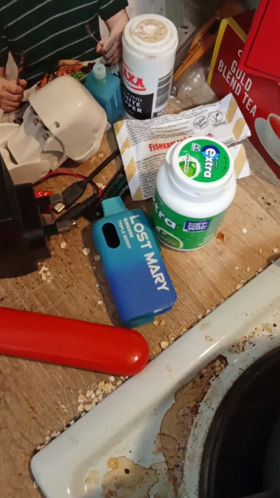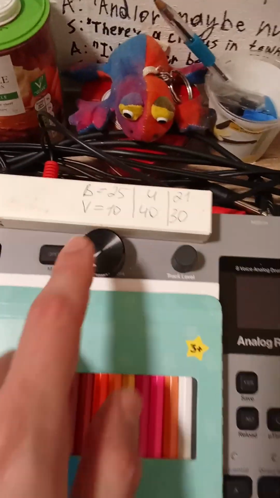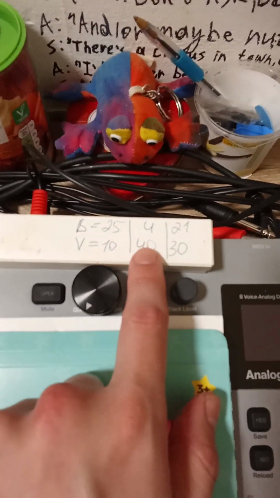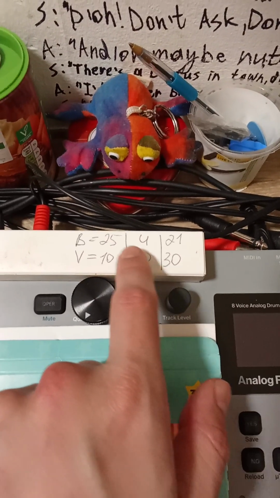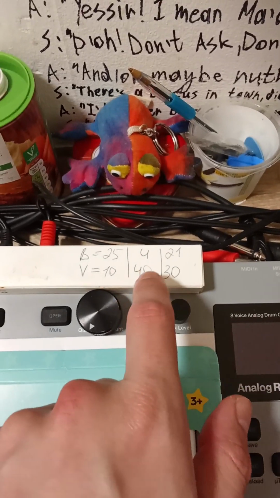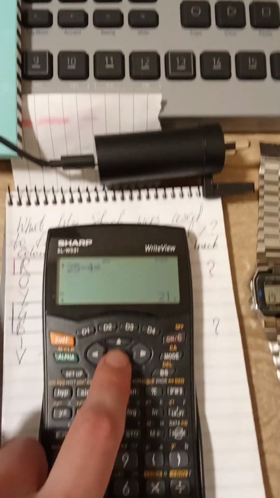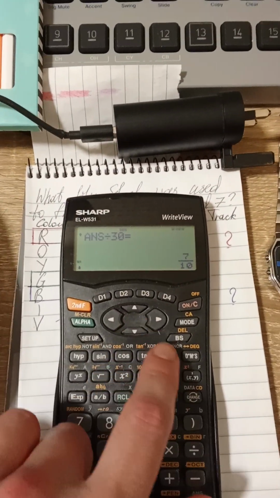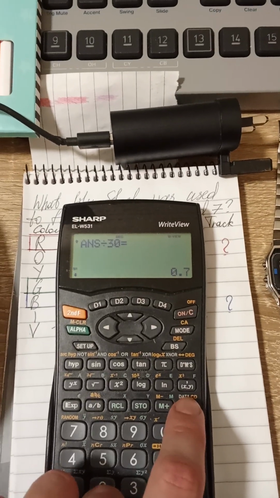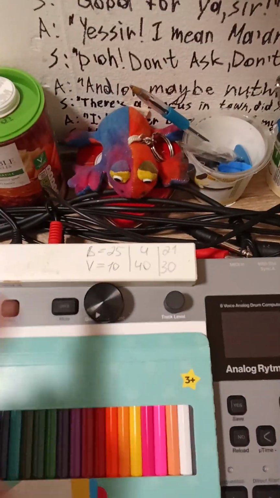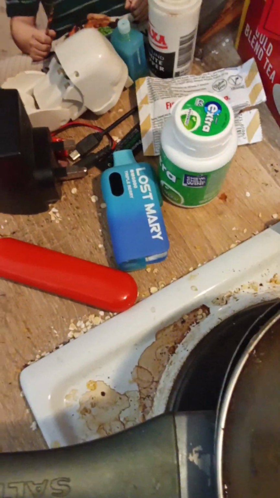And the voltage of my Lost Mary vape went up from 10 to 40. So for every 7 of those, I gained 10. So it's 7 over 10, I think. So for every 7 points of that battery, I gained 10 points in my Lost Mary 6000. Interesting.